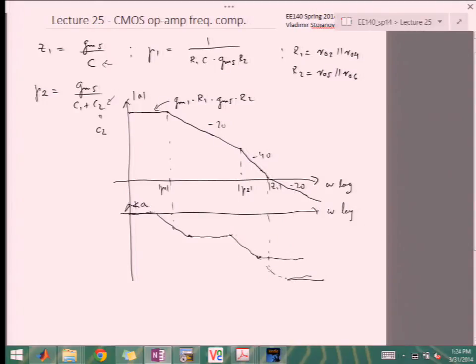A little bit more worrisome than the slowdown in amplitude roll-off is actually the proximity of this increased phase roll-off. Because notice what's happening is that P2, the way we wrote it here, was GM5 over C1 plus C2. That's for C being really super large.